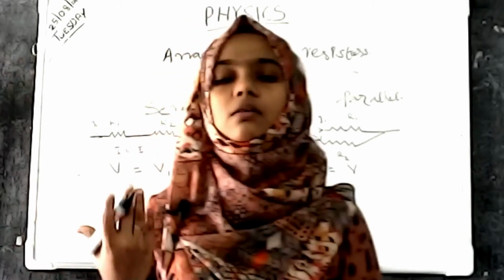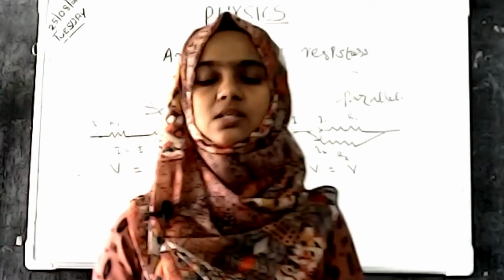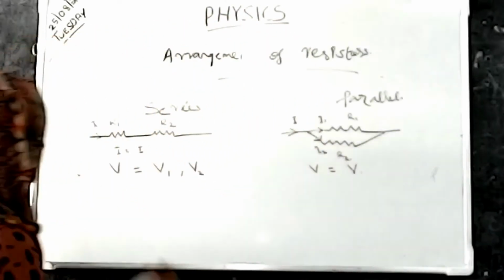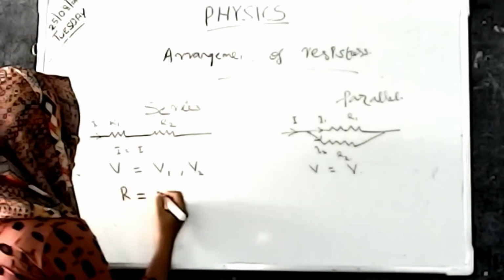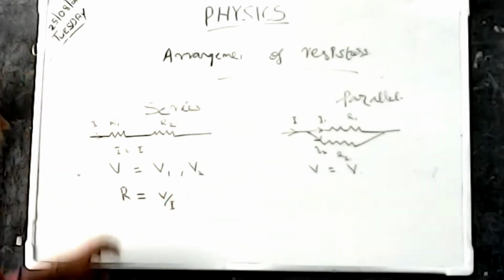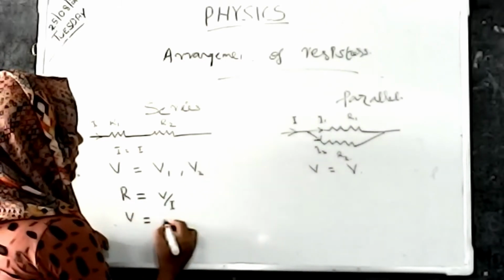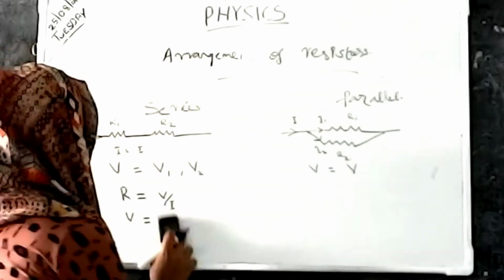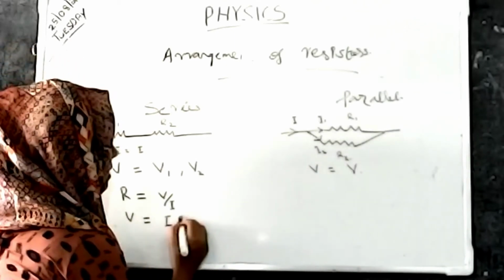And for finding the effective resistance of these two connections, we have an equation, R is equal to V by I. And from here we conclude that V is equal to IR.